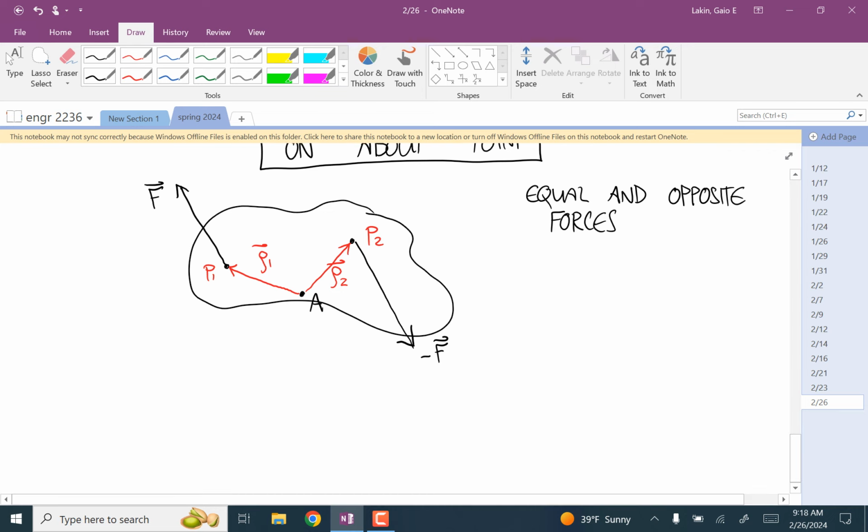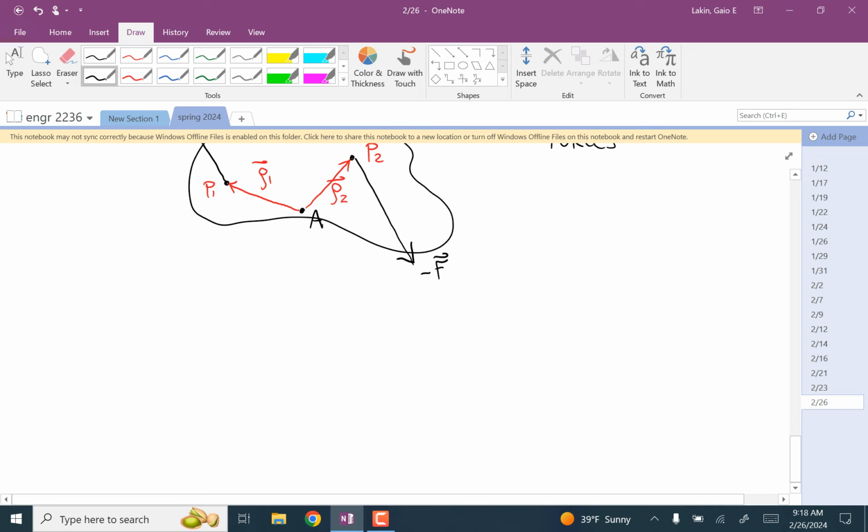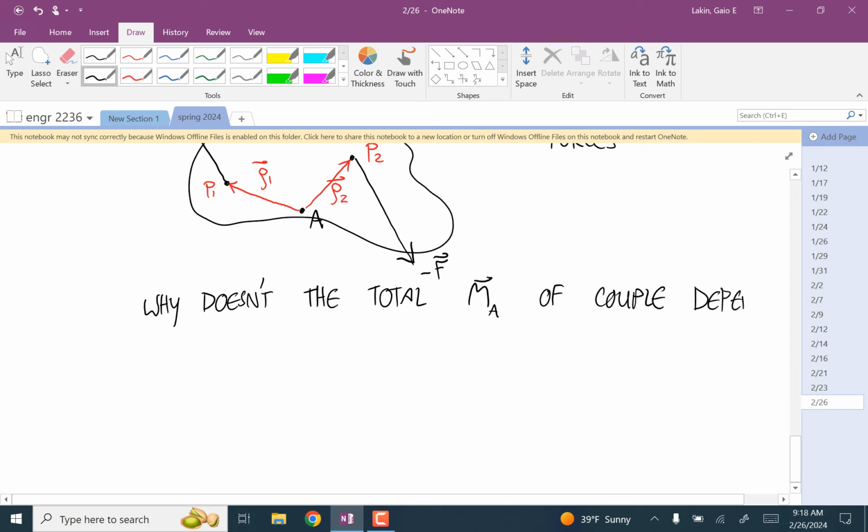So, why doesn't the total moment of the couple depend on the location of A?